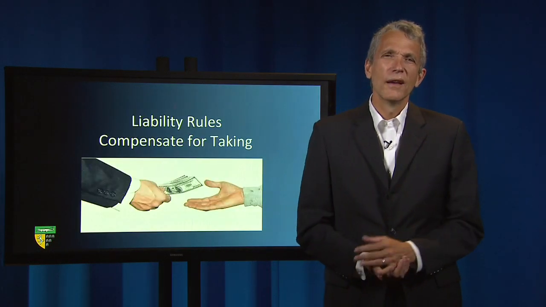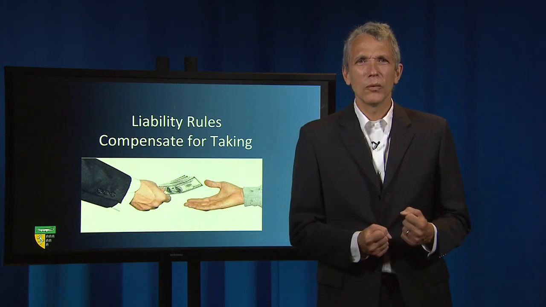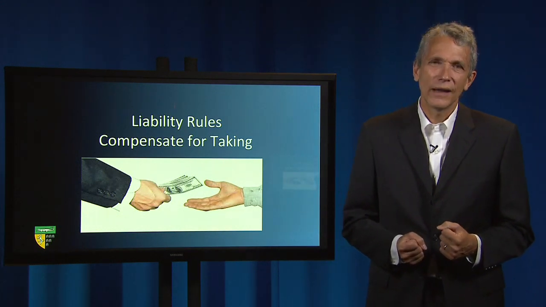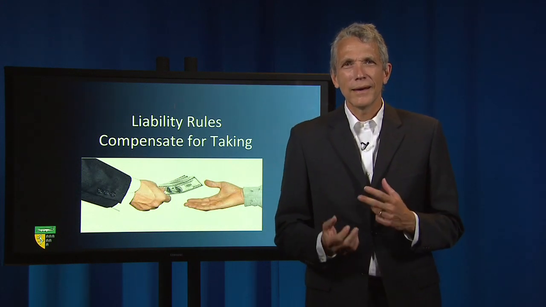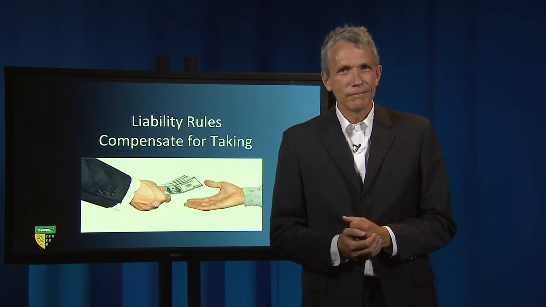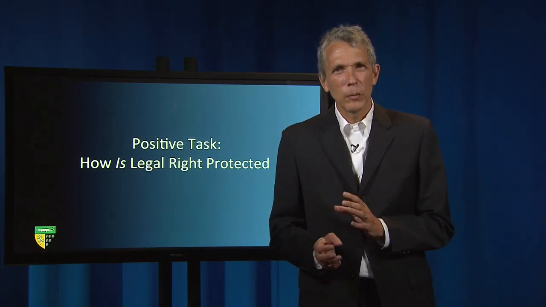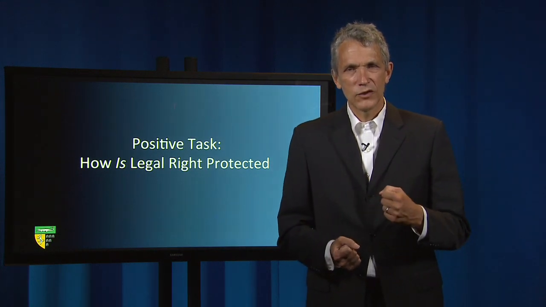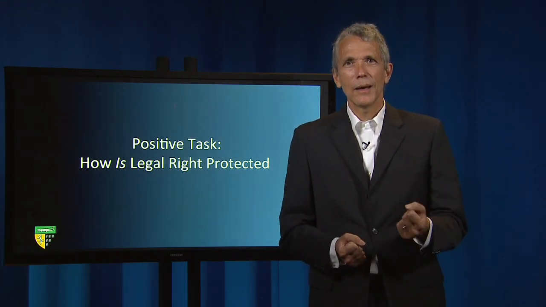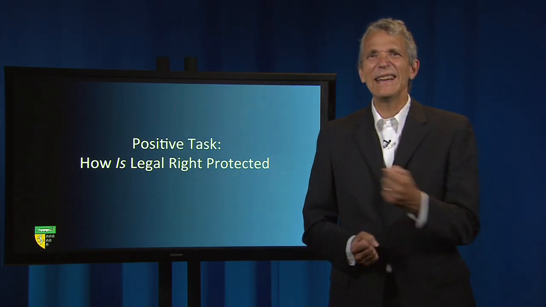In contrast, other entitlements are protected by weaker liability rules, which attempt to compensate an entitlement holder for the loss of an entitlement that is non-consensually taken. The rules are concerned with two different groups. Property rules are designed for deterrence of potential takers. Liability rules are designed for compensation of potential takees.